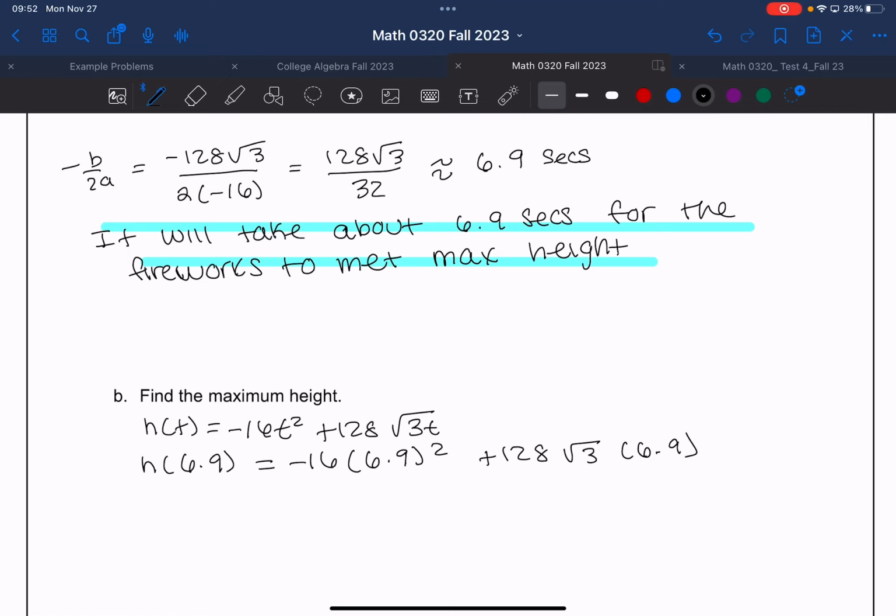You can plug this entire thing into your calculator and you will get approximately, so h of 6.9, approximately 768 feet.